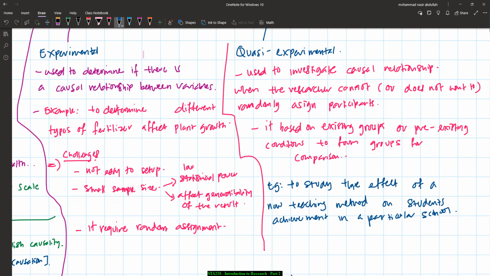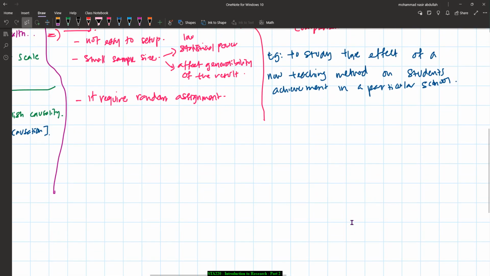But we are lacking. We have lack of statistical bias lah dekat situ. Kita ada sedikit bias dekat situ. Assignment bias, right? So this leads to our limitation for quasi-experimental. So what is the limitation? Limitation, right?